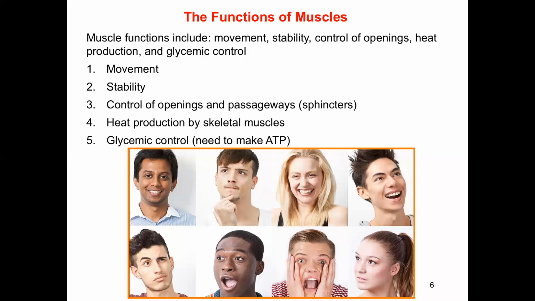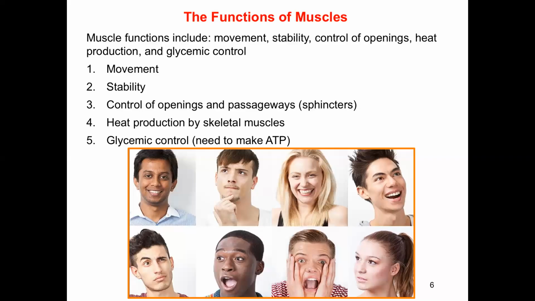So the opening of the pyloric sphincter to release your chyme into the digestive system, into the small intestine, is a sphincter. You've got precapillary sphincters in your circulatory system that control how much blood goes into the capillary beds. So there's opening and closing of passageways and containers.